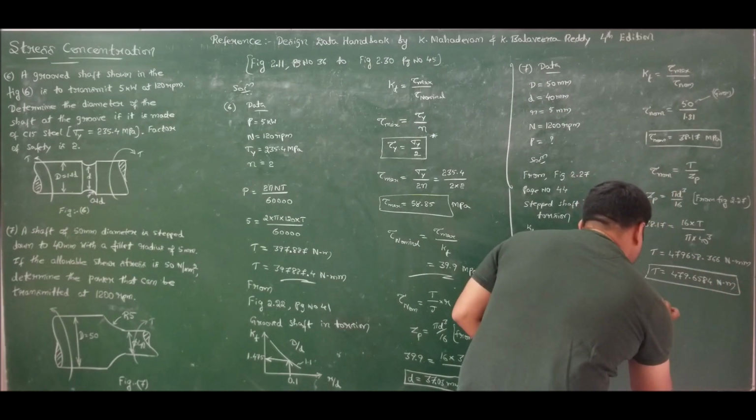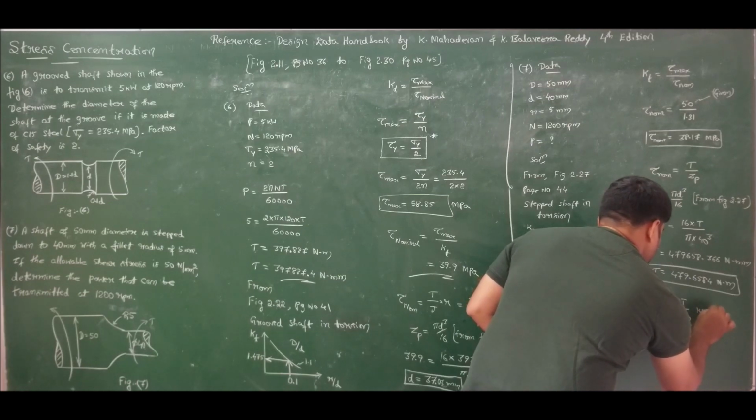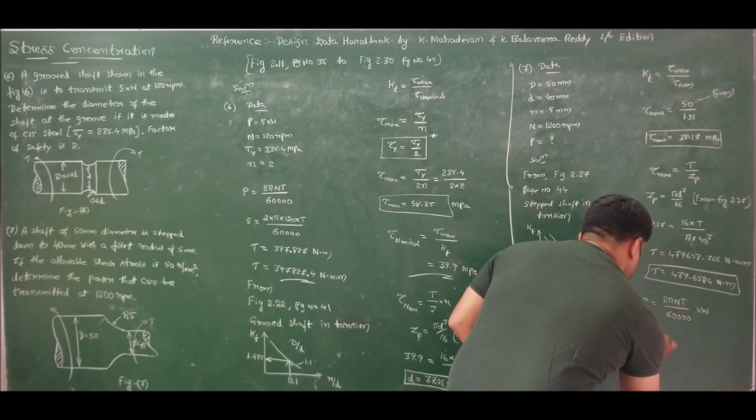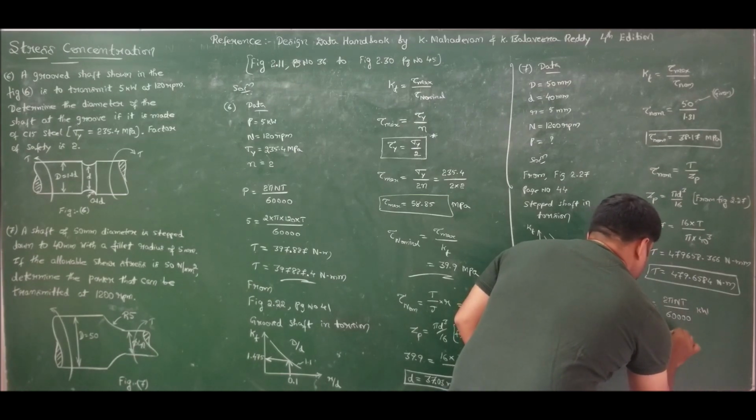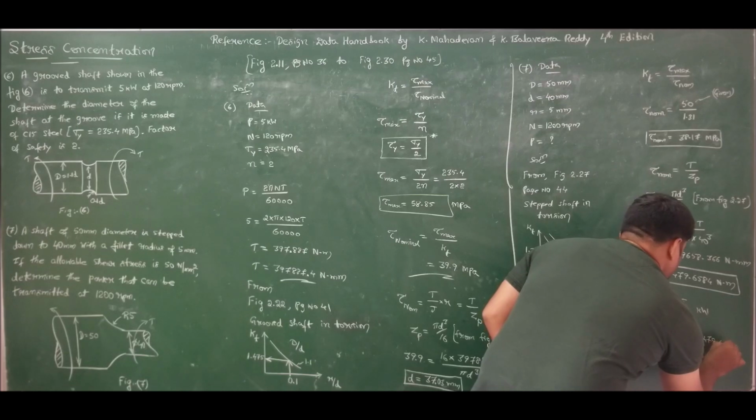Now I can find power. P is equal to 2 pi NT by 60,000 kilowatts.